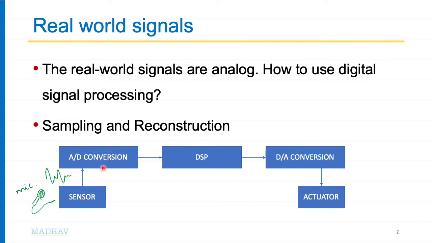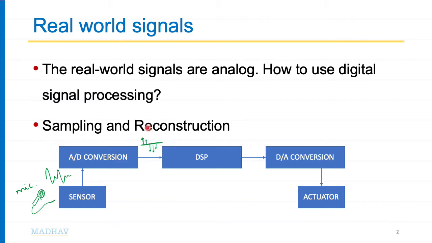So it means I convert it into a digital version, analog to digital conversion. And then this digital signal I process using my DSP concepts, whatever I have learned. And then I again convert it back into analog. I convert my digital signal back into an analog signal. These plots are there.